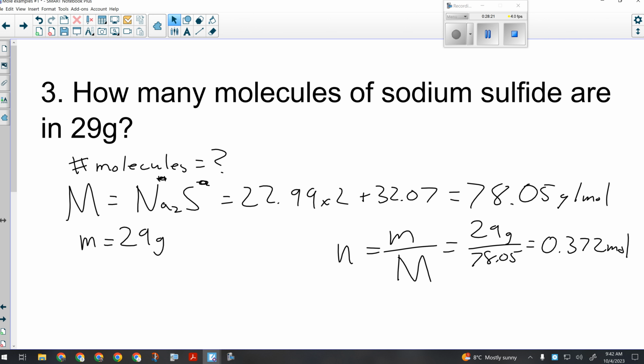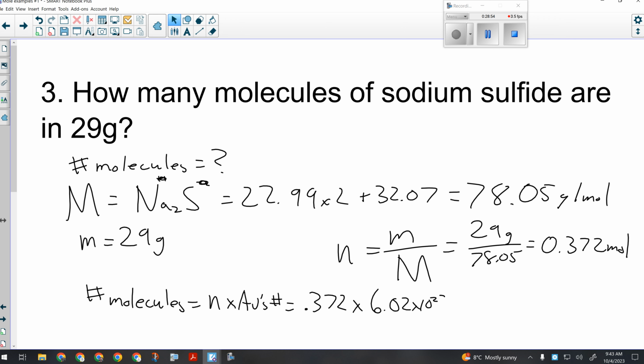All right, now that I know the number of moles, can I get the number of molecules? What do I do with Avogadro's number here? Multiply it by the number of moles, right? So number of molecules equals N times Avogadro's number. So that'll be 0.372 with all the decimals that are in my calculator, multiplied by 6.02 times 10 to the 23.